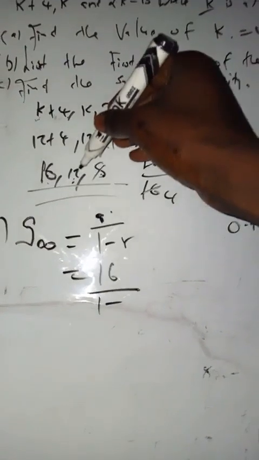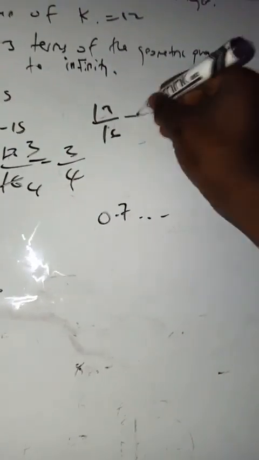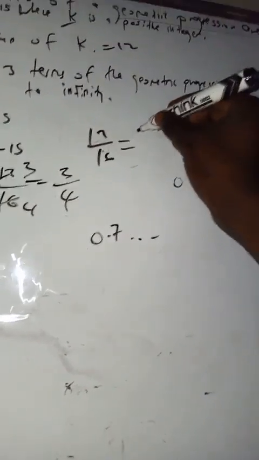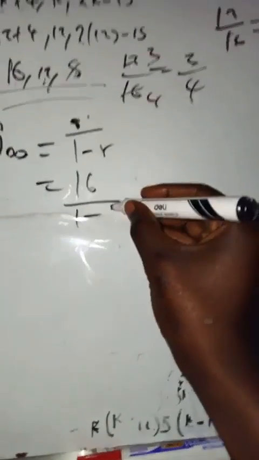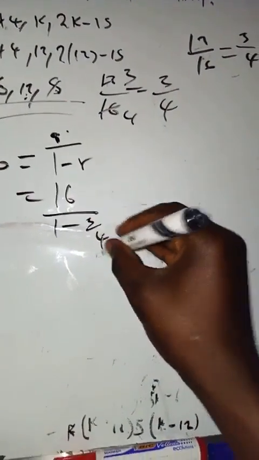I'd better use this part here, which is 12 divided by 16. Well, we found this, right? 4 here is 3, 4 here is 4. 3 over 4. So I have 3 over 4 as my R there.